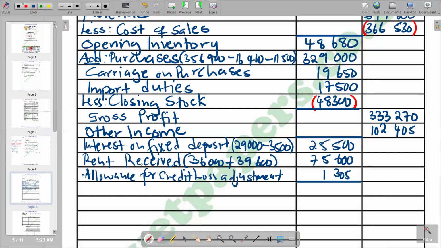So here we have the description gross income for the year, whereby you are going to say 333,270 plus 102,405, and then your total is supposed to come here as 435,675. So basically, this is what we have on that section.